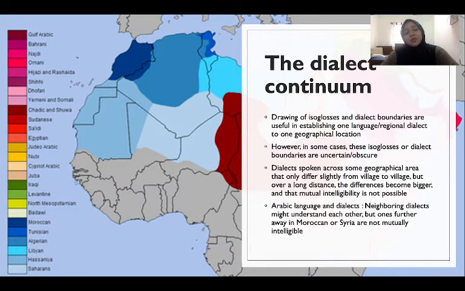So what is dialect continuum? Drawing of isoglosses and dialect boundaries is useful in establishing one language or regional dialect to one geographical location. However, we have to remember that these isoglosses or dialect boundaries sometimes are uncertain or obscure.